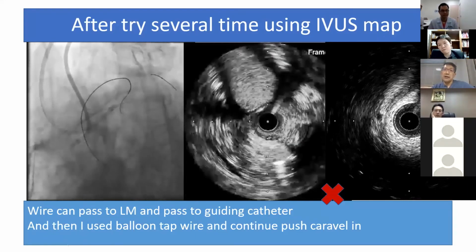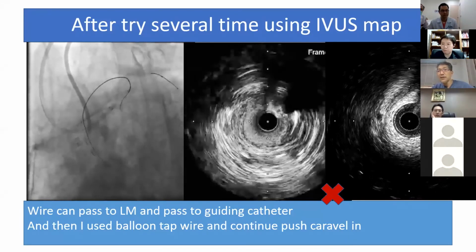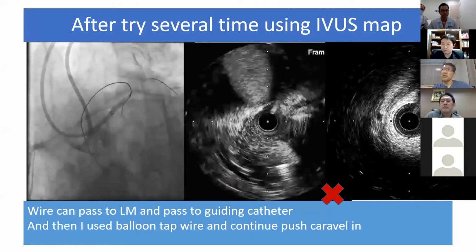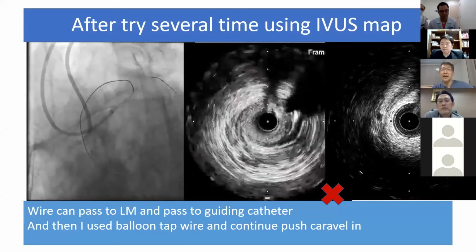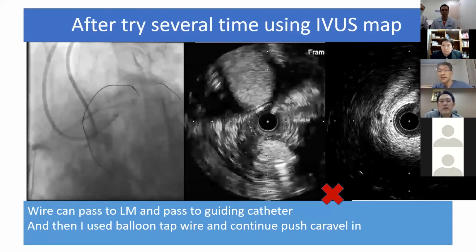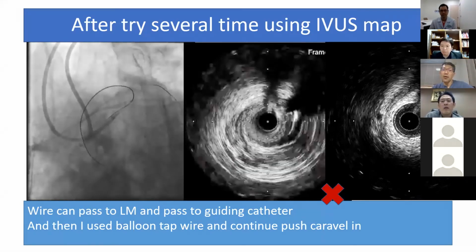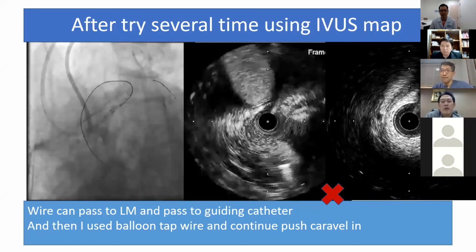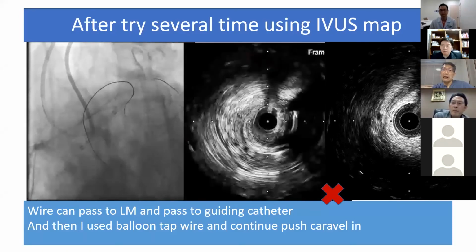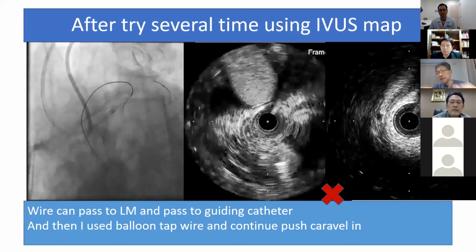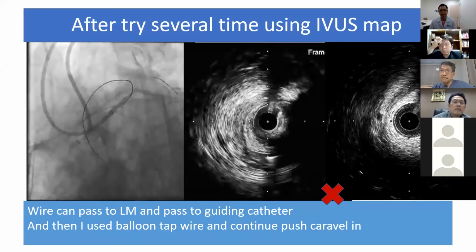Yes. Actually, with direct retrograde wire crossing, in some cases you may think it is very easy, but the retrograde wire is almost uncontrollable. Especially in this case, the left main had a very severe stenosis.